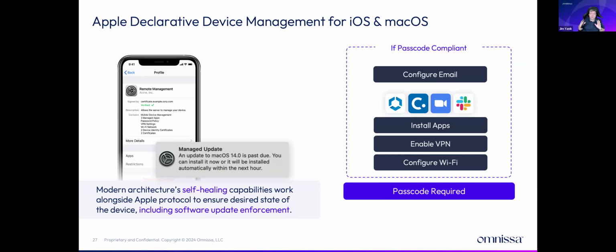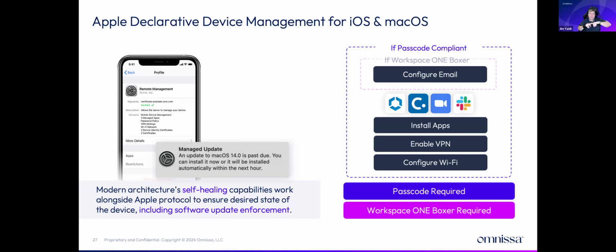So now I don't have to go back to the MDM and say, here's where I'm at, every 4 hours, every 8 hours. That's all configured at the device level. And if you somehow turn off your passcode, we're going to blank all that stuff back out. So it's happening in real time.